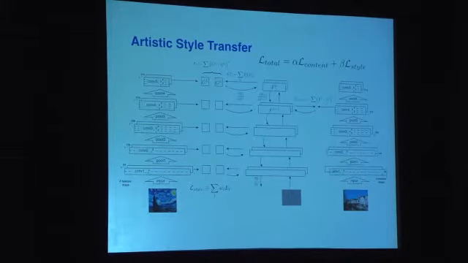This gives us a function value and a gradient with respect to the pixels, and we can use that as input to any optimizer and perform gradient descent on the input image. We do that until we converge to a very small loss and obtain an image that simultaneously minimizes the distance from the style of the painting and the content of the photograph.